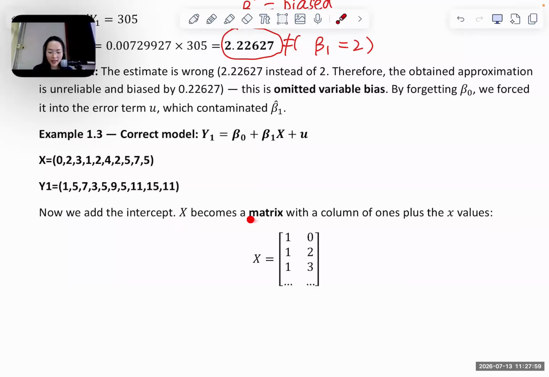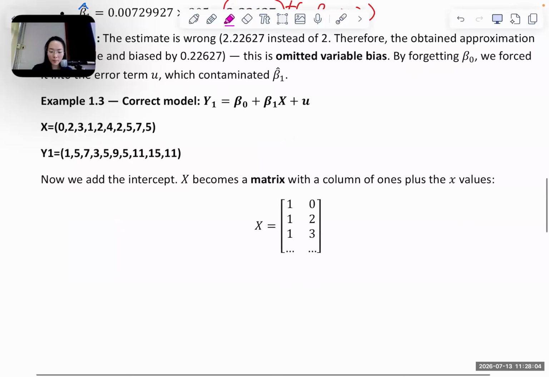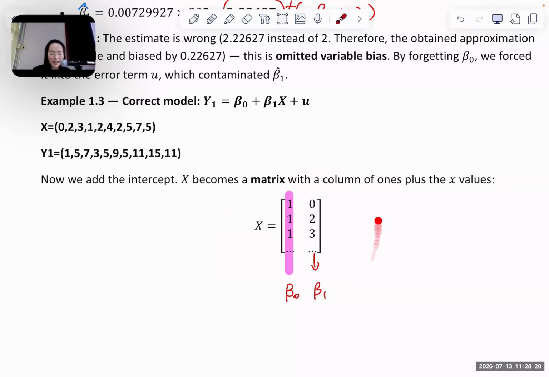So x becomes a matrix with a column of 1 plus the x value. So basically this column is the coefficient of beta 0, right? Beta 0. And these are the coefficient of beta 1. That's why now our x becomes a matrix.